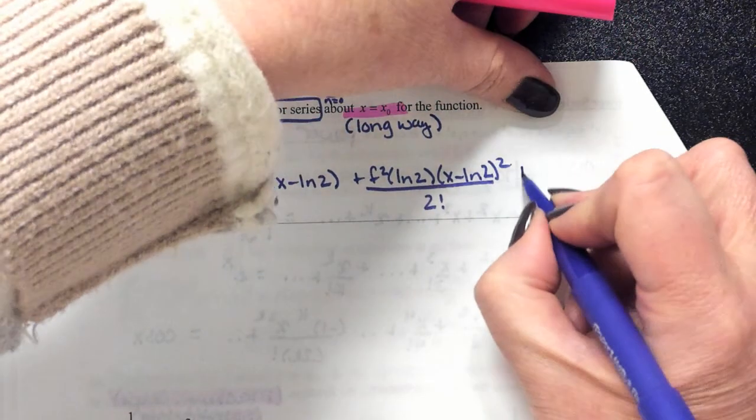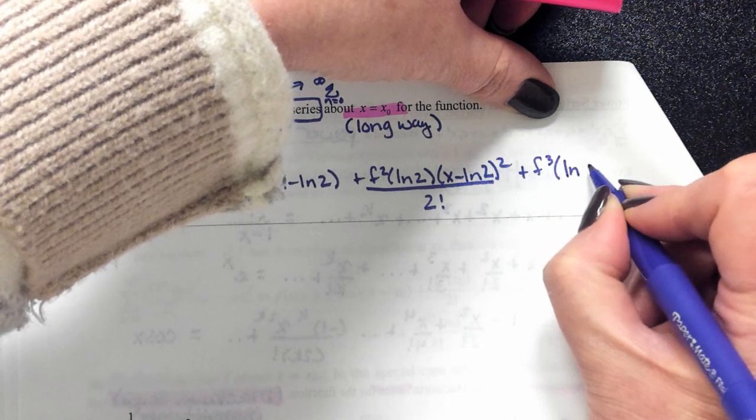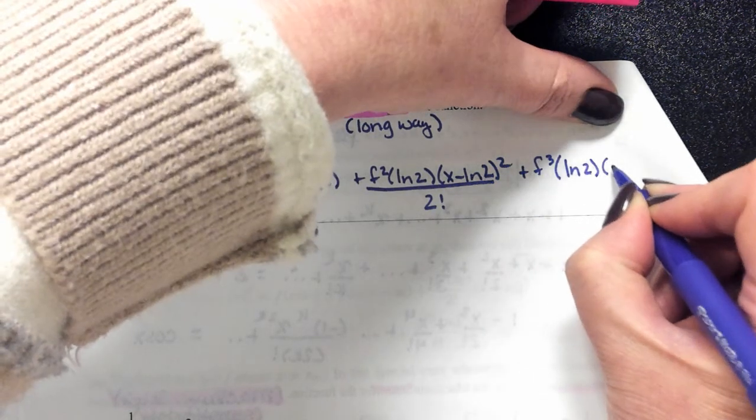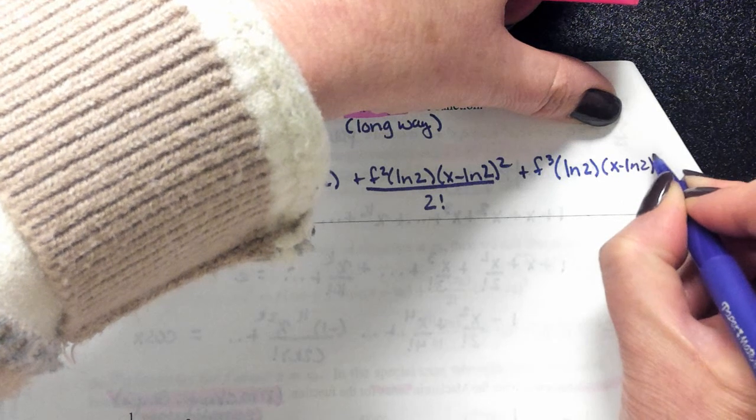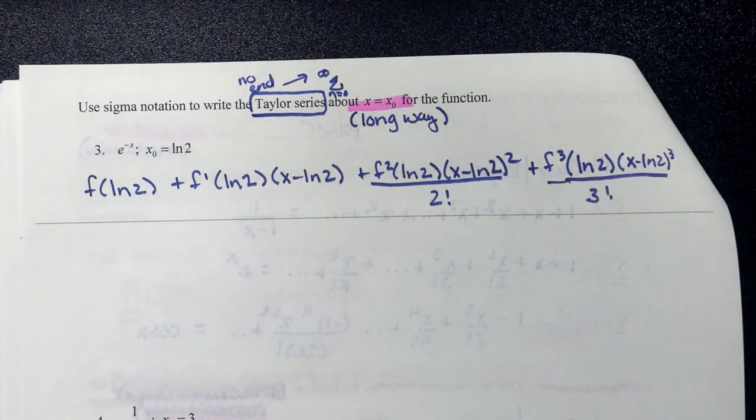And again, you probably need to at least take it out to the third degree or third order to really establish what the pattern's going to be. Because you've got to see the pattern in order to come up with that general term.